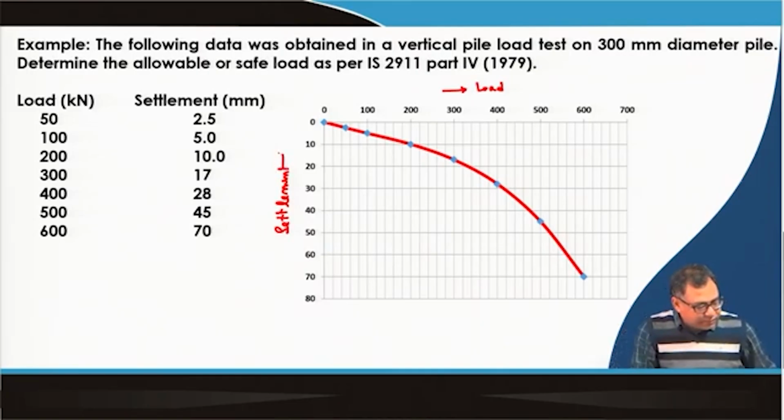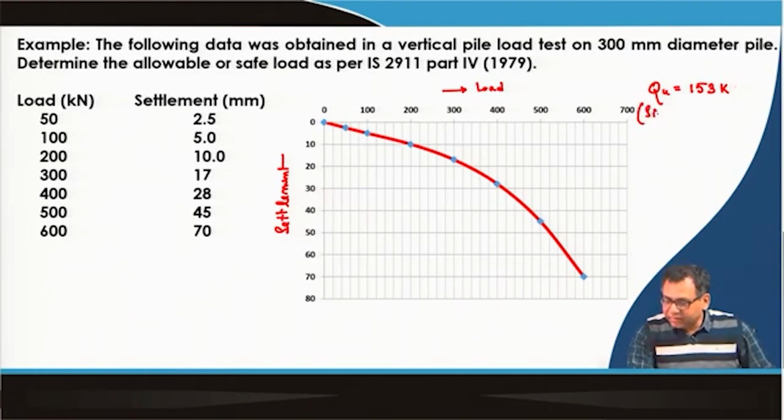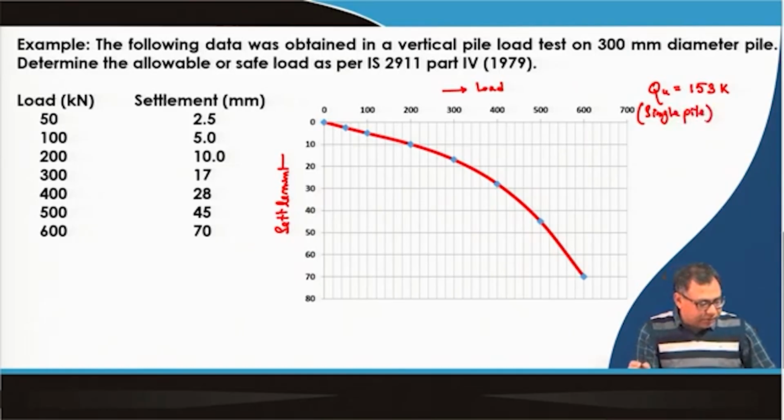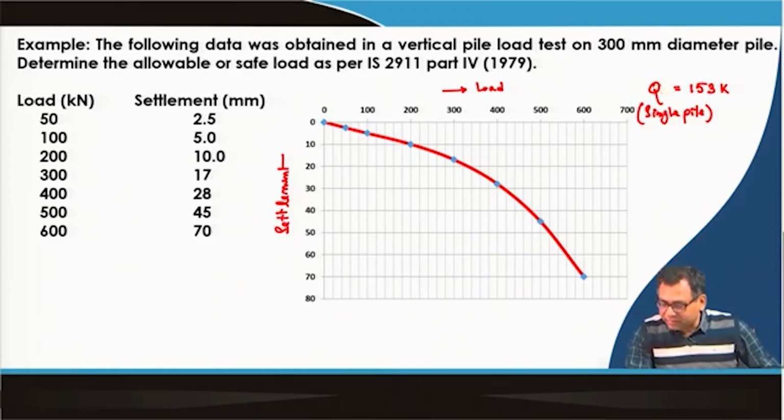In the previous problem, the Qu for the single pile was 153 kilonewton. Oh, sorry, that was the allowable load carrying capacity, because that is not the ultimate, that was the allowable load carrying capacity of the pile.